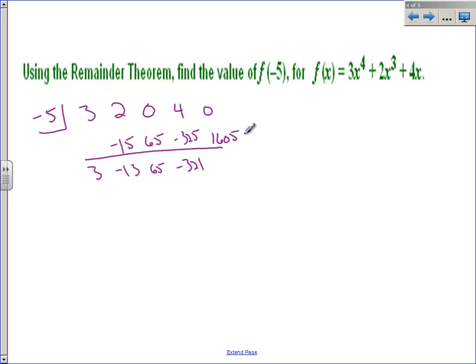I think I did that right. 300 times 5 is 1500. 20 times 5 is 100. Yeah, okay, I think I did that right. And we add it up, and we get that the remainder is 1605. So that means that that's the y-coordinate. So f of negative 5 is 1605. That's way up there.